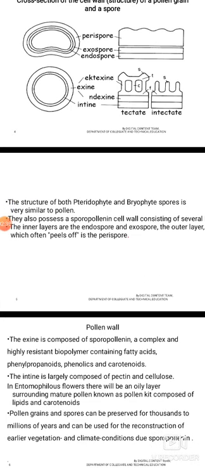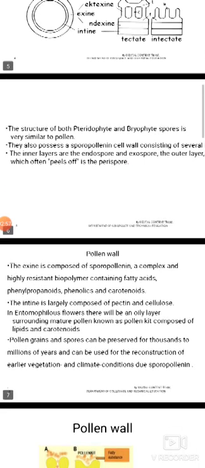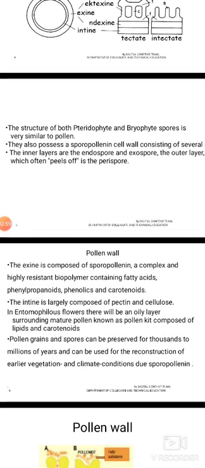The exine is composed of sporopollenin, which is a complex and highly resistant biopolymer containing fatty acids, phenylpropanoids, phenolics, and carotenoids. The intine is largely composed of pectin and cellulose.